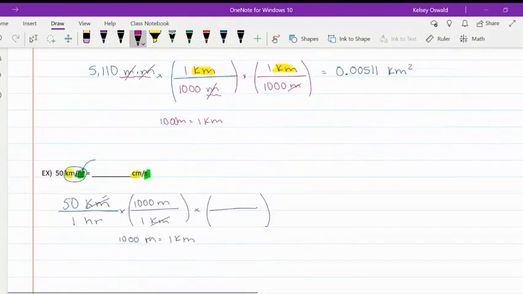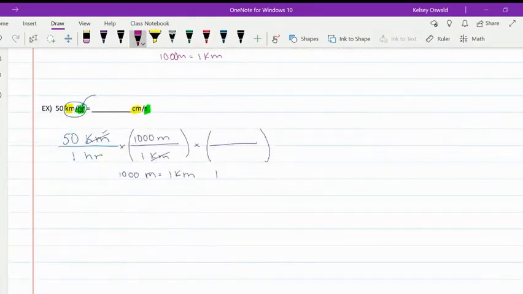Or I could think of this as 1 meter is the same thing as 100 centimeters. So if I want to cancel out my meters, if it's on top of this fraction, that means I need it on the bottom of this conversion factor. So I'm going to write this as 100 centimeters over 1 meter. Now my meters are able to cancel out, and I'm just left with centimeters, which was my end goal.